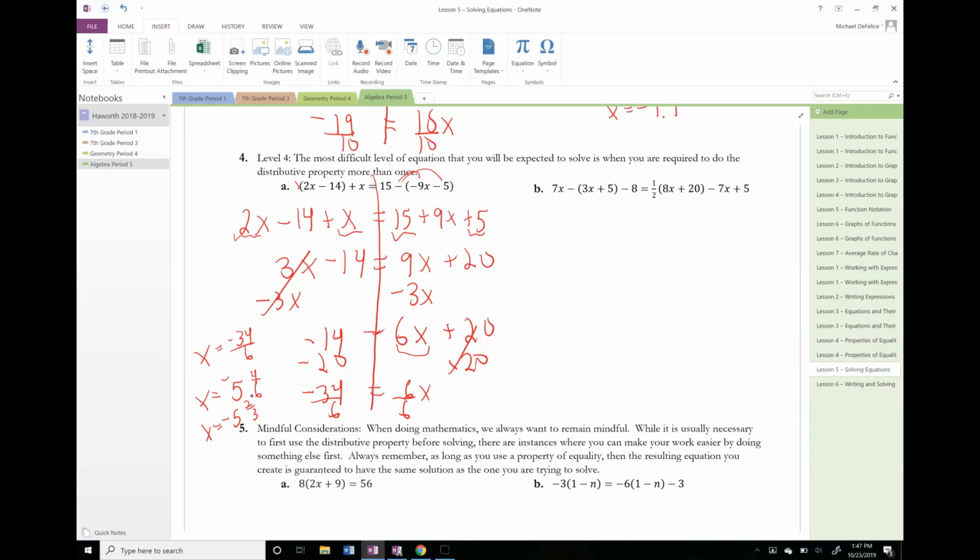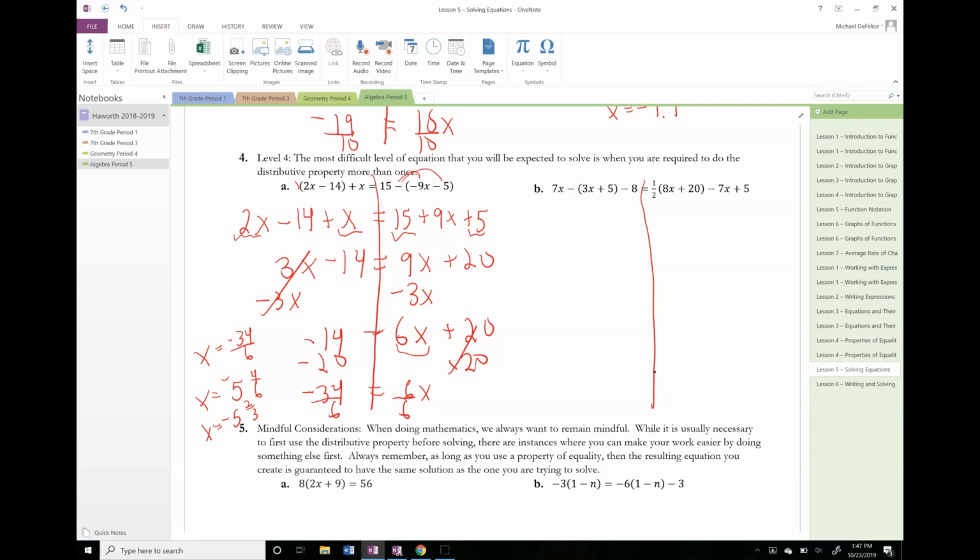All right, and then for our last example for level 4, we have quite a messy looking equation. And I'm going to begin by simplifying each expression using distribution.